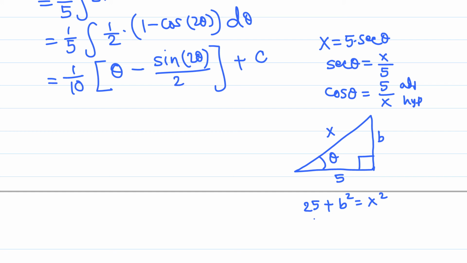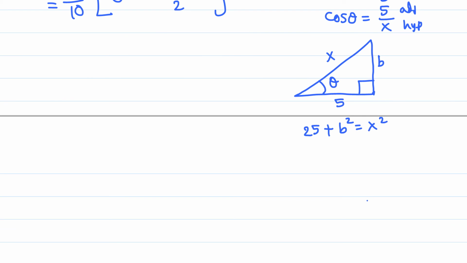And now subtract 25 from both sides. Then x squared minus 25. So b squared equals x squared minus 25. Take a square root. So b equals the square root of x squared minus 25. So this side, the opposite, is the square root of x squared minus 25. Okay, this is not x minus 5. You cannot take a square root that way.